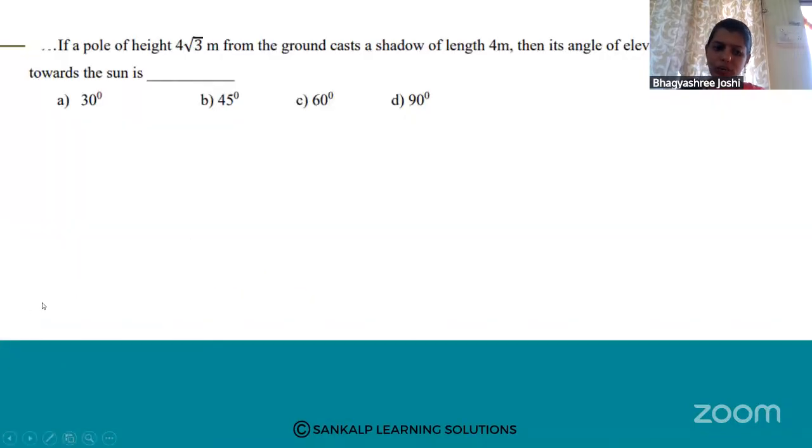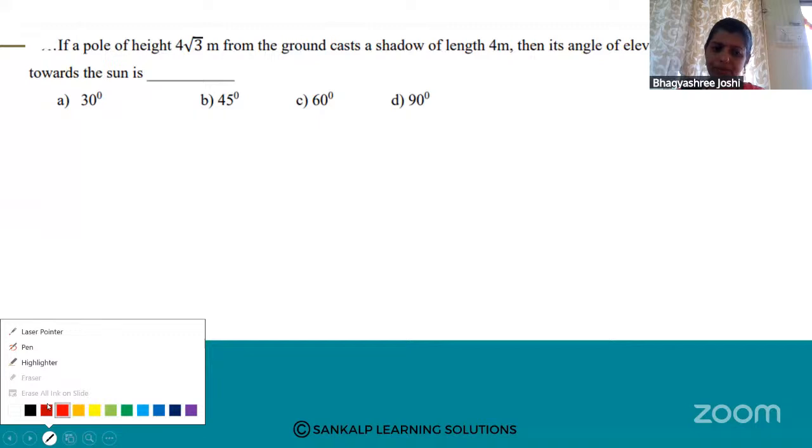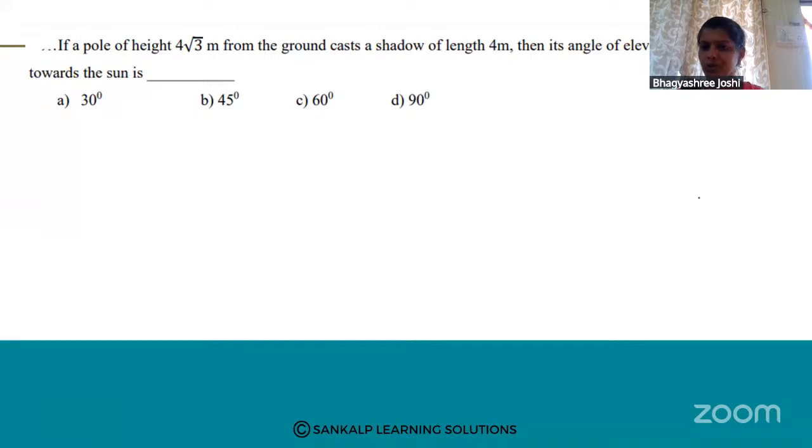Basically, trigonometry is used to measure height and distance of an object. There we are using trigonometry, trigonometric ratios, and the standard angles for trigonometric ratios.